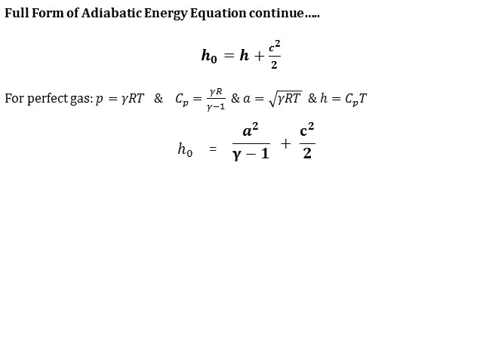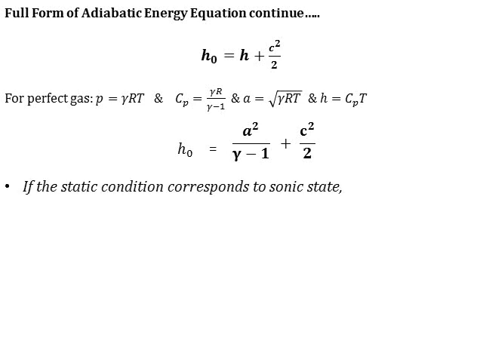Now, in order to obtain the next form of the adiabatic energy equation, let us write the first form in the following manner. Let the static condition in the above equation correspond to the sonic state.